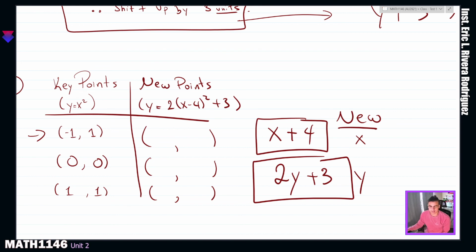I'm getting 3, 5; 4, 3; and 5, 5. 4 and 3, correct. And then 5 and 5, correct. Those are the new points.